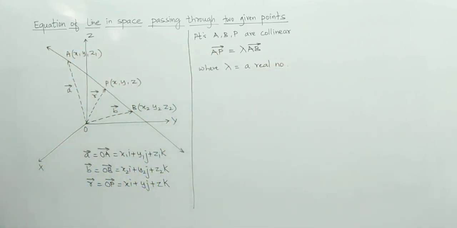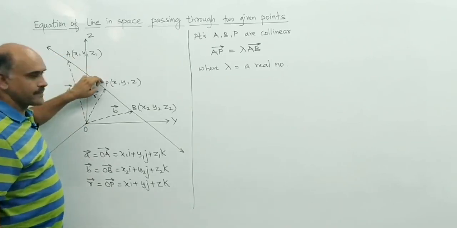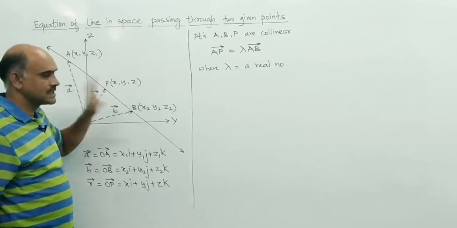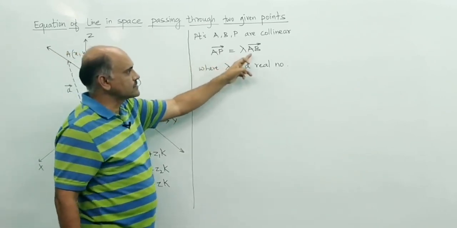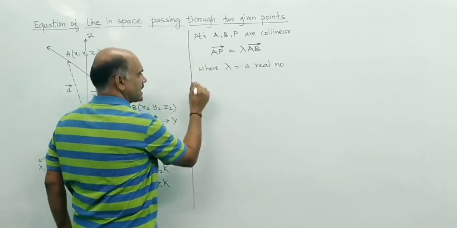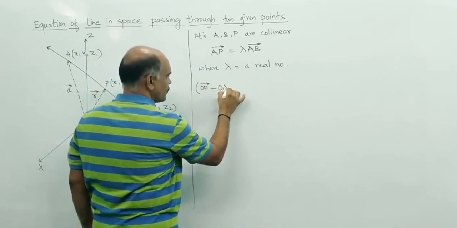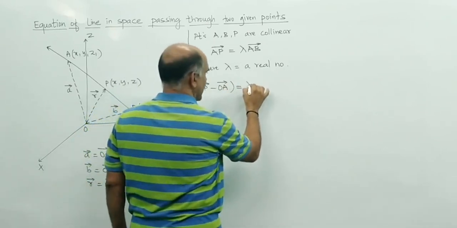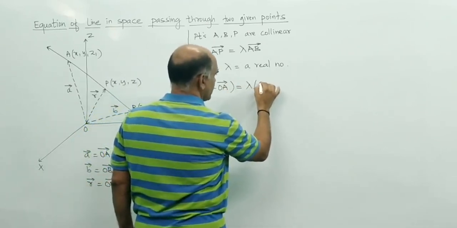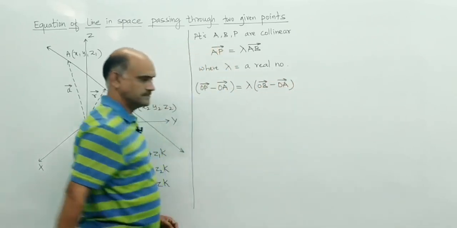In terms of position vectors, AP I can write as OP minus OA is equal to lambda into (OB minus OA). Clear, students?